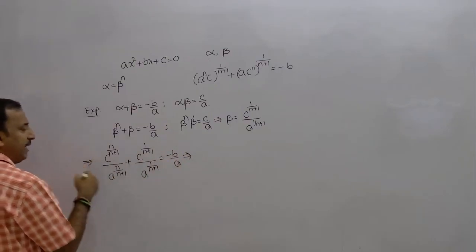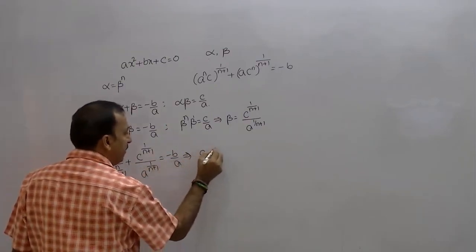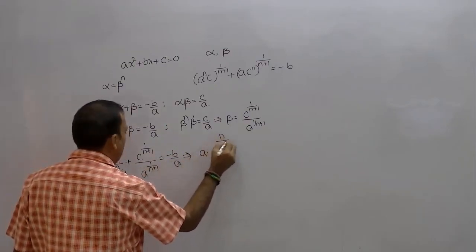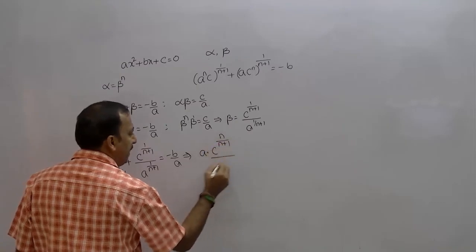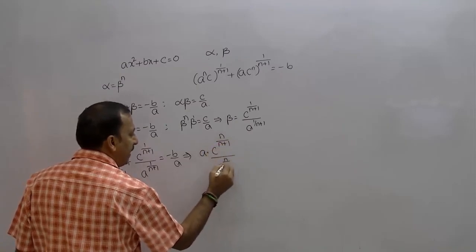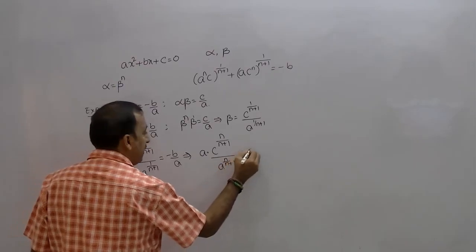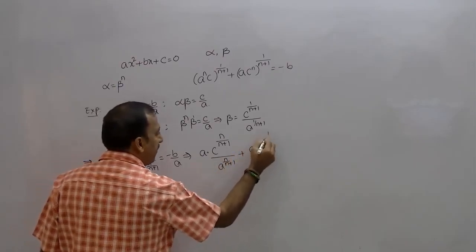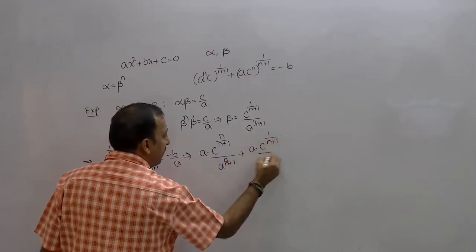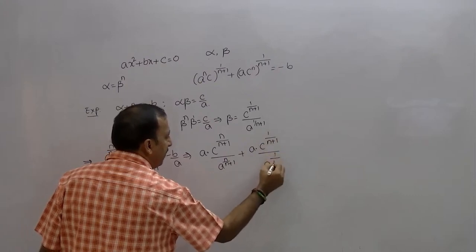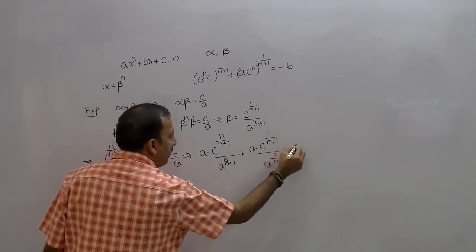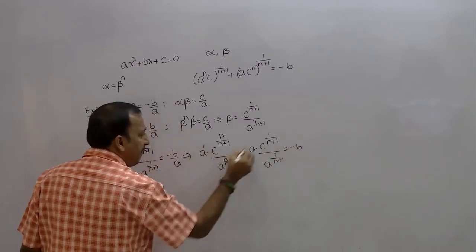Cross multiply with a. What you will get? a into c to the power of n by n plus 1 by a to the power of n by n plus 1 plus a into c to the power of 1 by n plus 1 by a to the power of 1 by n plus 1 is equal to minus b.